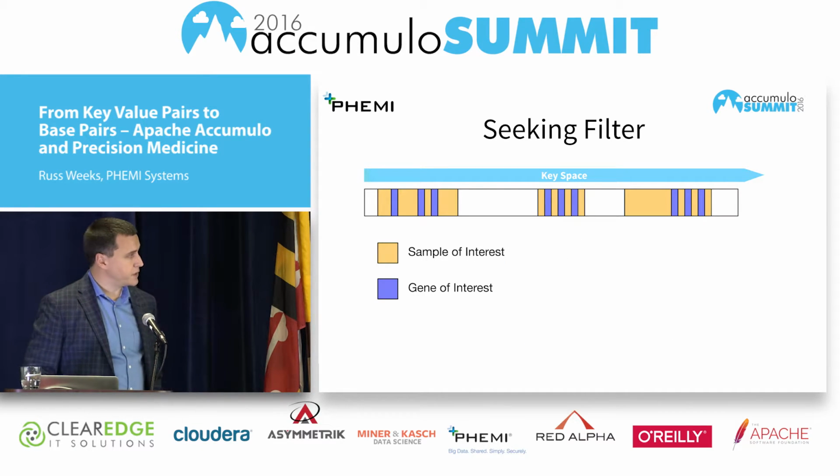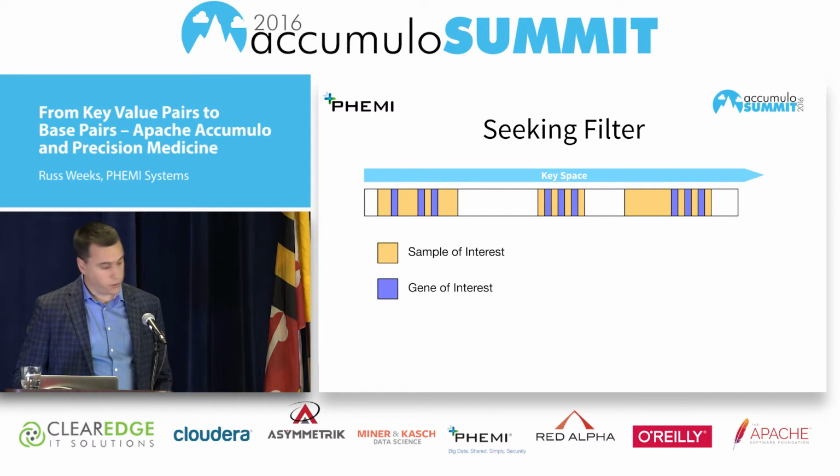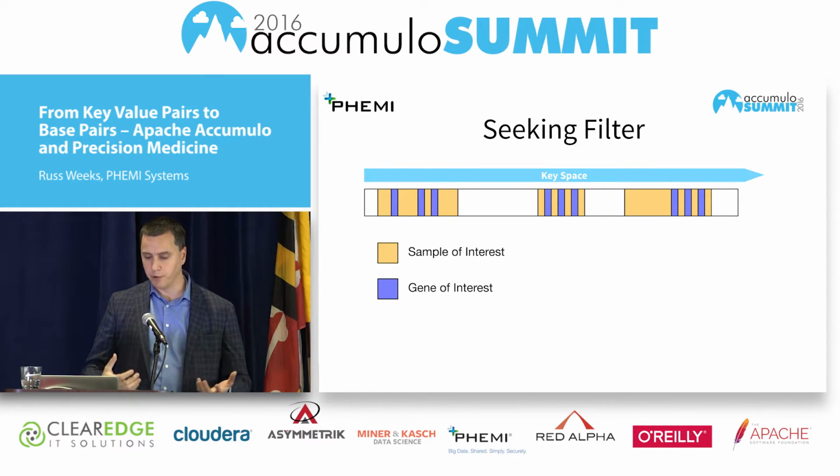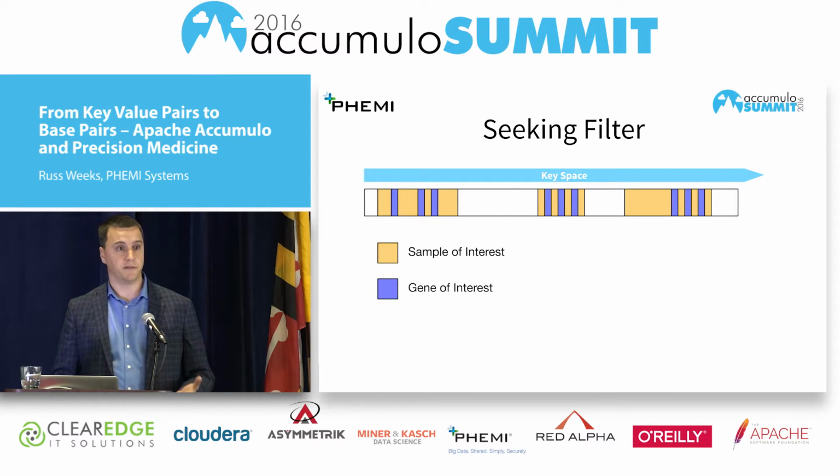So it's a great fit for some of our query patterns. For example, a researcher might be interested in all variants in a set of genes.